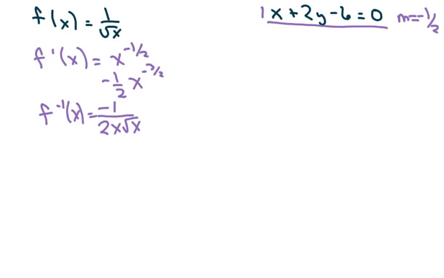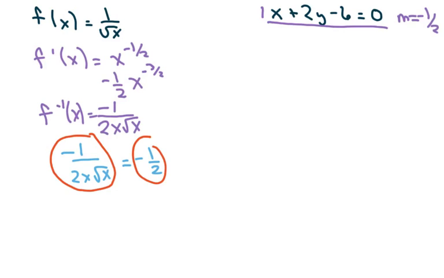Now, equate the derivative with our slope. You could cross multiply, but honestly, you can just see that for this side to look like this side, our x has to be 1, because we just want 2 in the denominator.